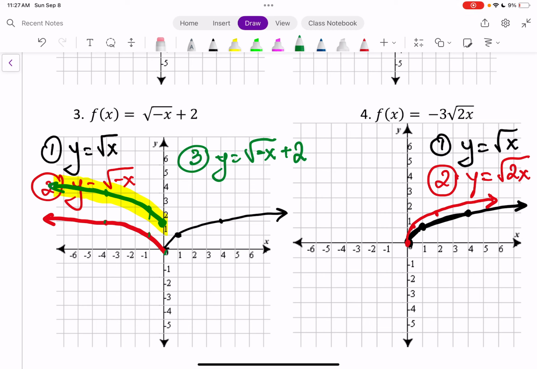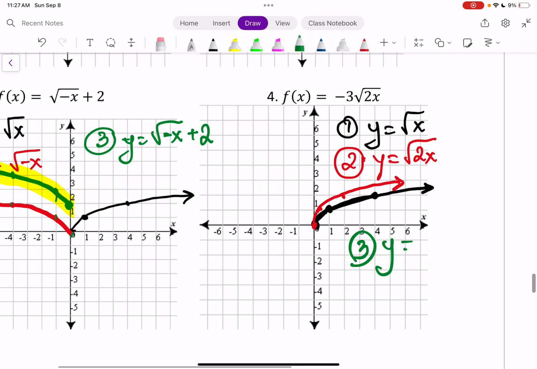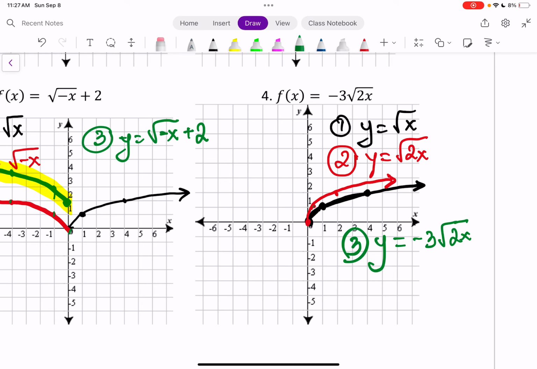See how now I have y equals -3 times the square root of 2x. So you can think of it 2 ways, or you can think of it together. So you multiply all the y values by -3. By multiplying it by a -3, the negative first makes all the y's become negative. And then the extra 3 makes them 3 times as much.